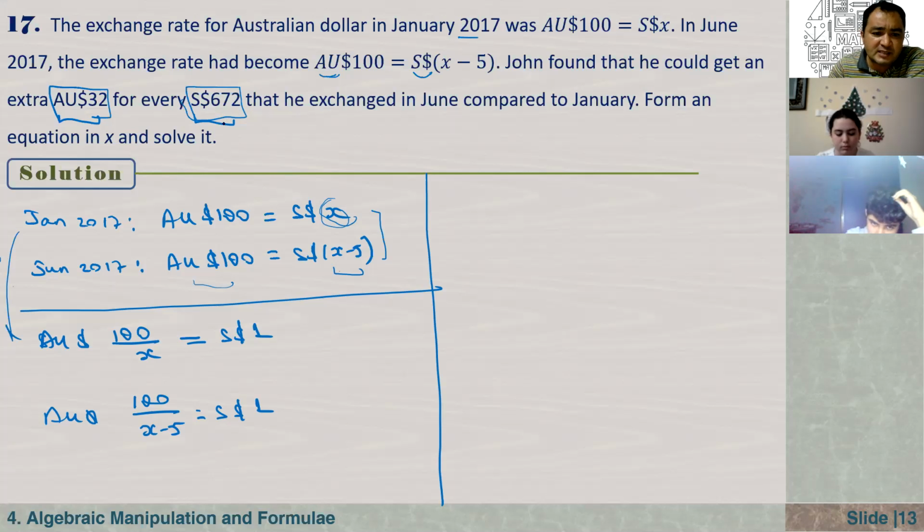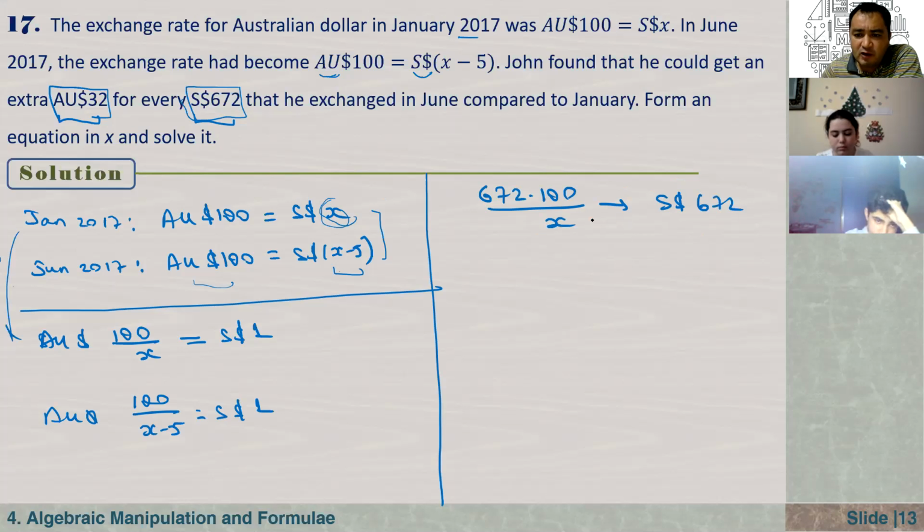And now if you multiply by 672, what we have here is 672 times 100 over X Australian dollars for 672 Singaporean dollars. And if you change the same amount of money in June, you would get 672 times 100 over X minus 5.